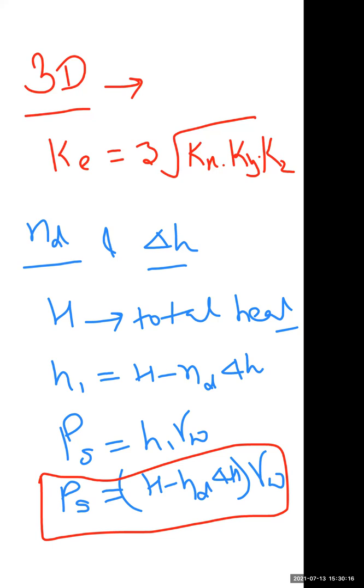This pressure acts in the direction of flow. Also, for determination of uplift pressure, the hydrostatic pressure at any point after ND equipotential drops is given by U equal to HW gamma W, where HW is the piezometric head.